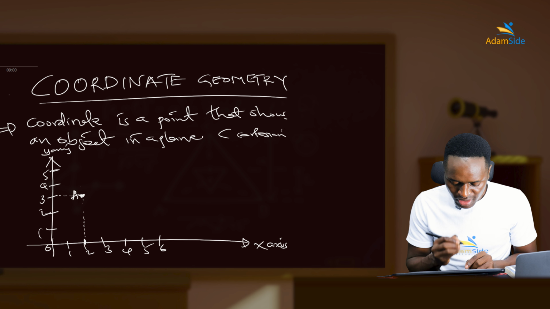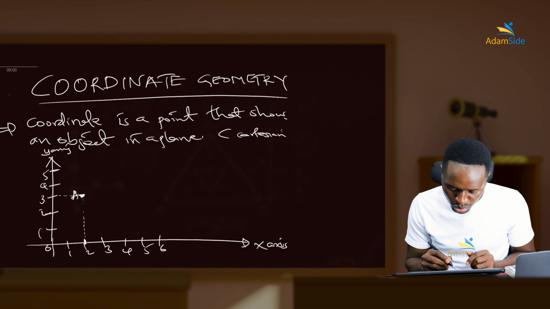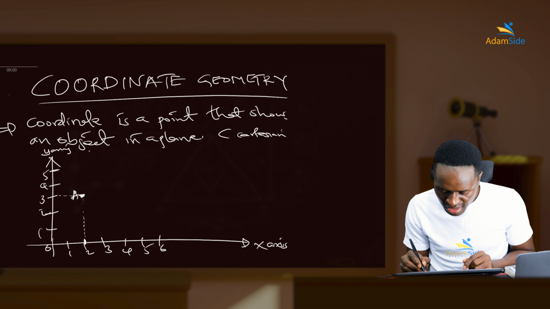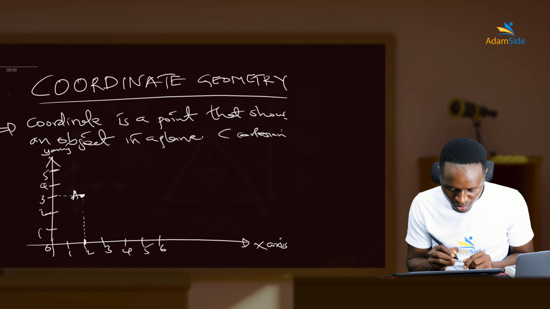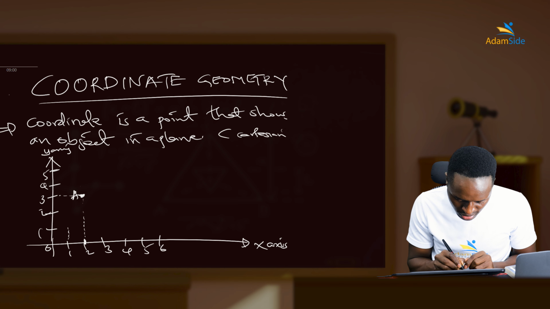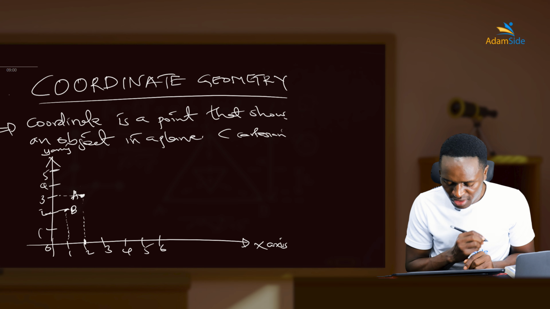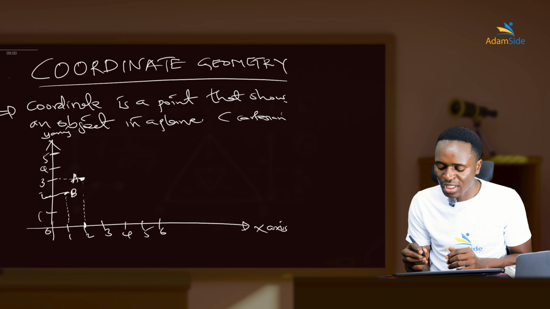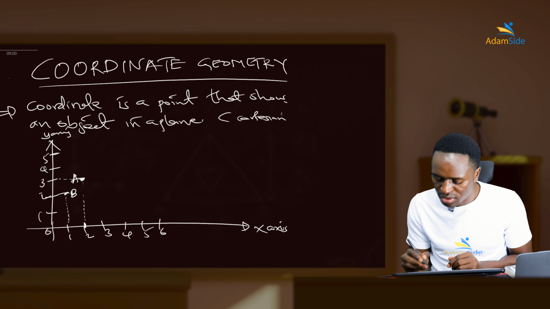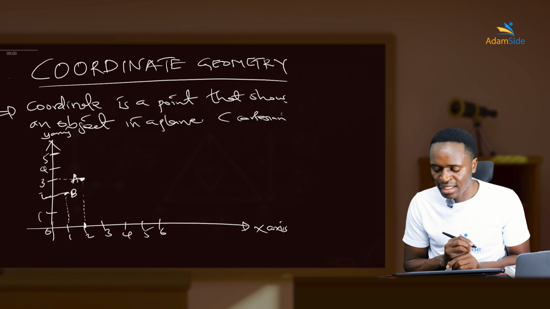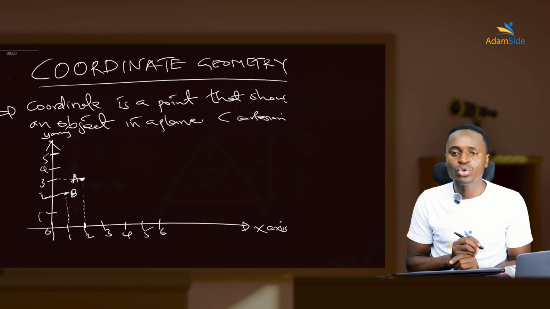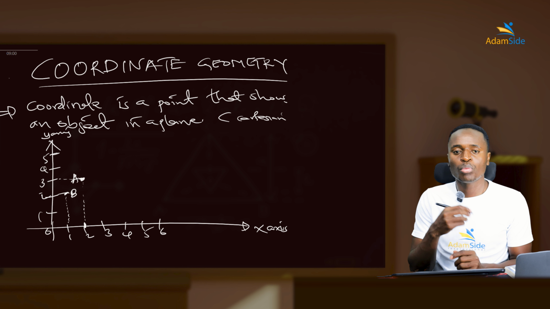That's point A. And let's say point B, whereby x is 1 and y is 2. So you come to x is 1, y is 2. This becomes point B. When showing a point, you can use either a dot or an X.